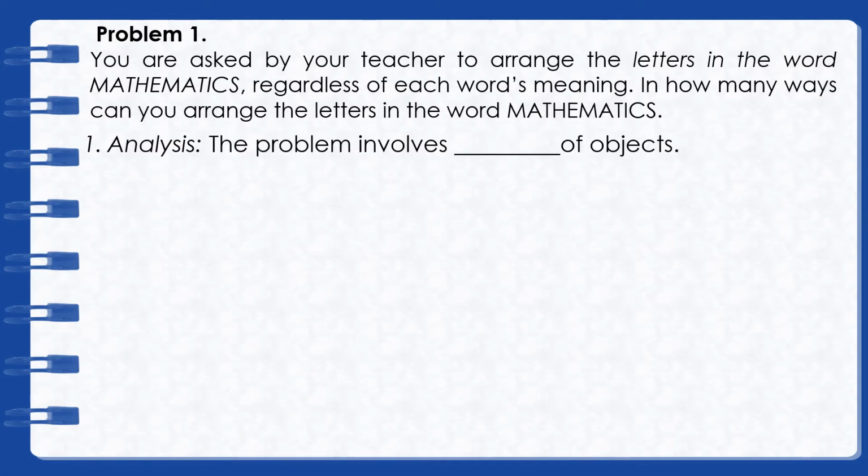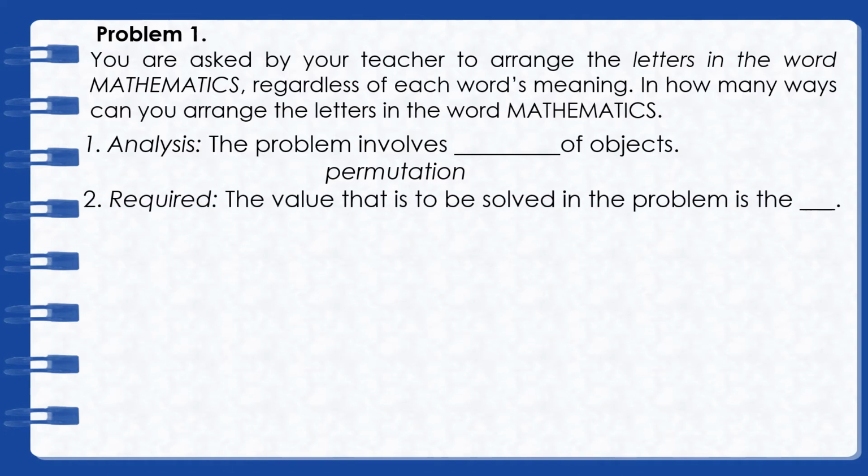So we have here number 1, analysis. The problem involves blank of objects. So it is permutation or combination. Very good. The answer is permutation. Next step is what is being asked or what is required.